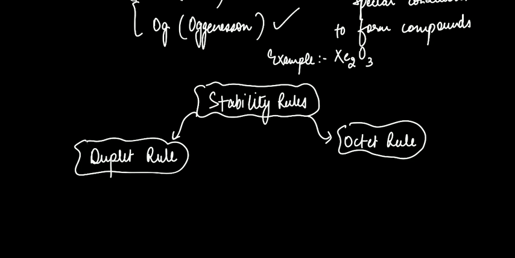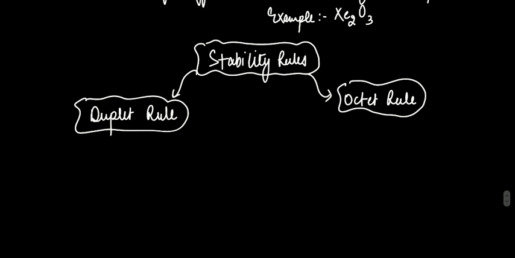The duplet rule, I always say, is applicable for hydrogen only, the very first element. So how do you define it? It's always better to know the concept, even if somebody is not going to ask. Duplet, dupe basically stands for two. That means two electrons in the K shell.